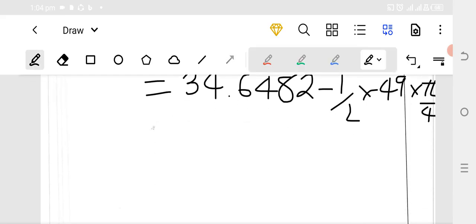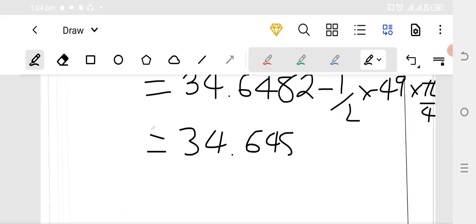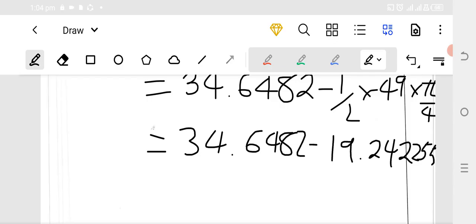This is going to become 34.6482 minus, if you punch that into your calculator, half multiplied by 49 multiplied by pi over 4, it's going to give you 19.242255.